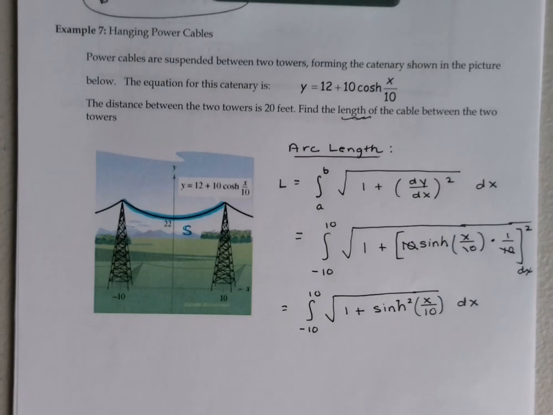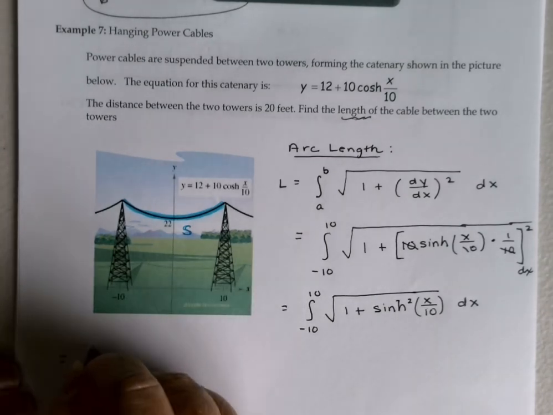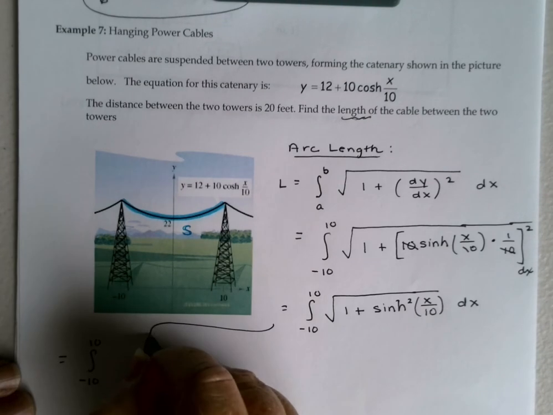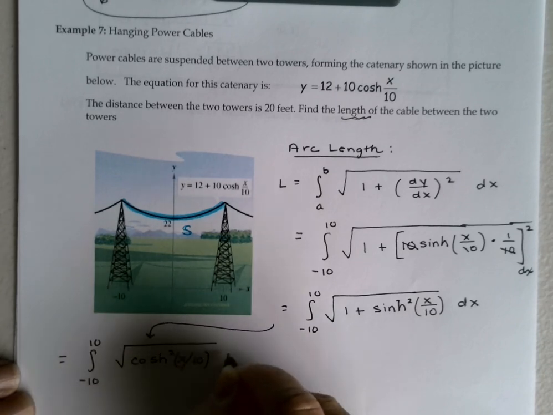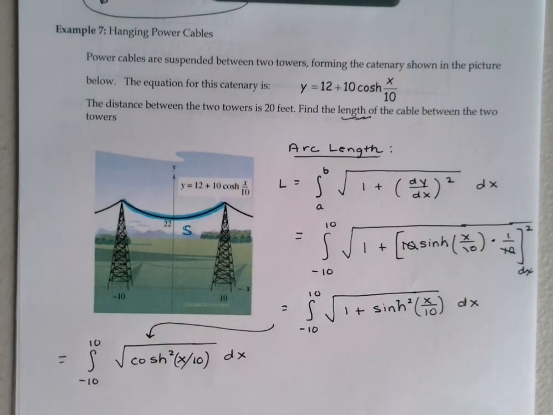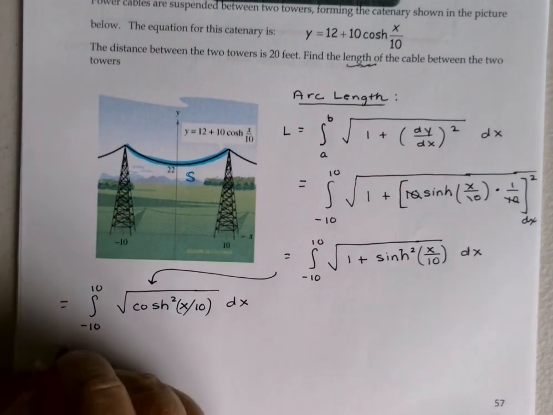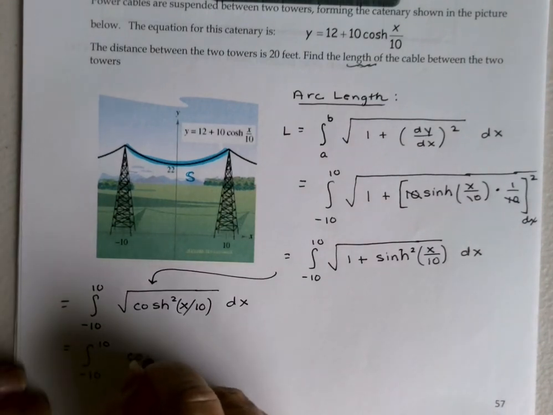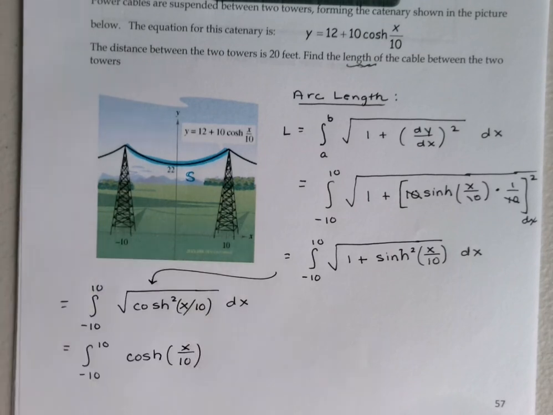So I can rewrite this as the square root of cosh squared x over 10. Which is really nice, of course, because now I can just take that square root and I just have the integral of cosh x over 10.